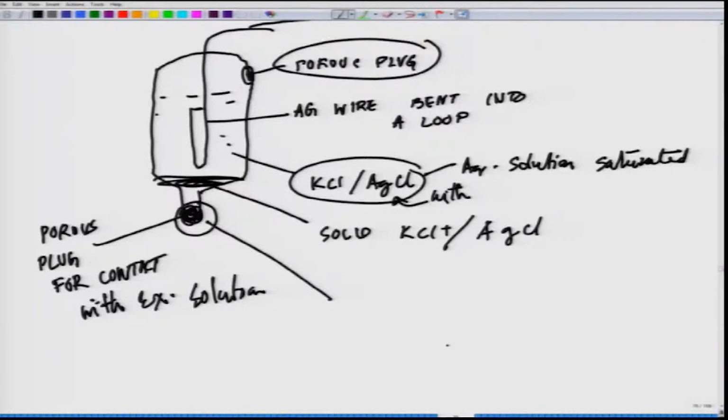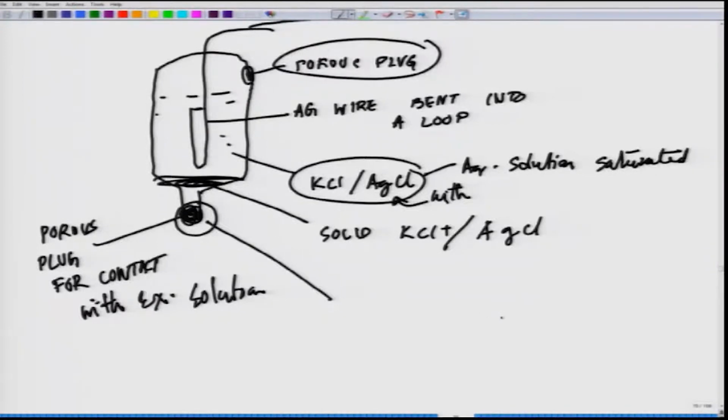So, mostly these are double junction reference electrodes, where you have an inner electrode and outer electrode, and the solution of the outer compartment is compatible with analyte solution. Say for example, if you do not want chloride to contact the analyte, the outer electrode can be filled with KNO3 solution, and the inner and outer solution slowly mix. So, the outer compartment must be refilled periodically with the KNO3 solution.